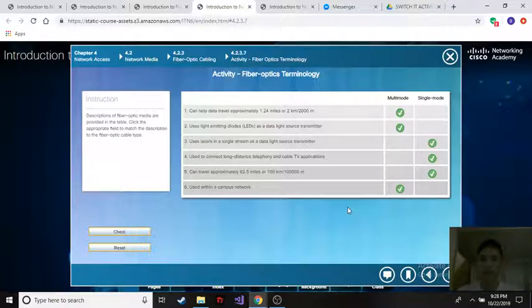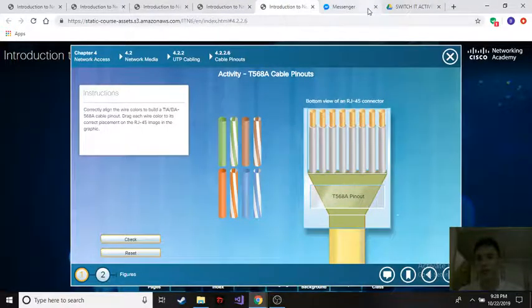So now that we are done with our third activity, we can now proceed to our final activity, which is activity number 4.